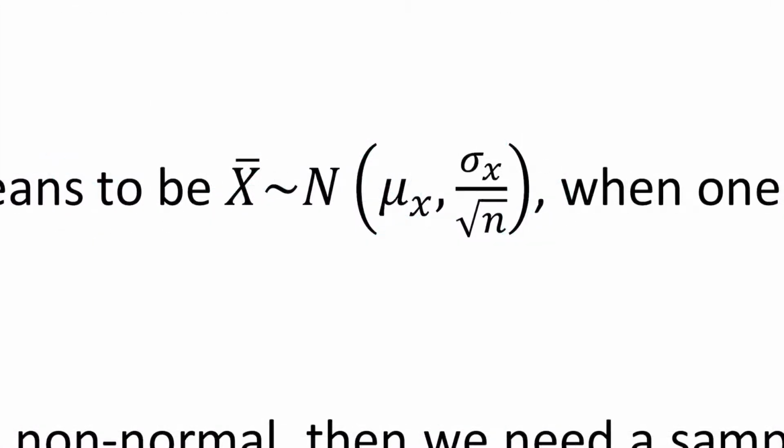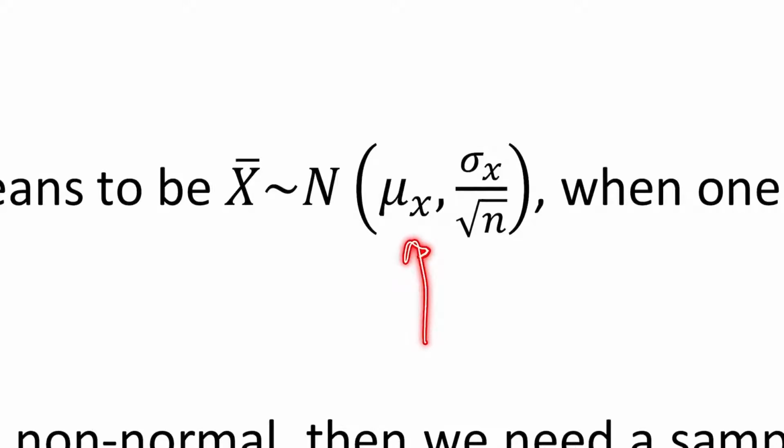All right, let's summarize what we talked about last time. If I have a random variable x and I take a sample of a whole bunch of x's and find their mean and look at the sampling distribution of those means, we're going to call that mean x bar. So x bar can be modeled as a normal distribution. That's what the capital N means, a normal distribution with a mean of the population mean.